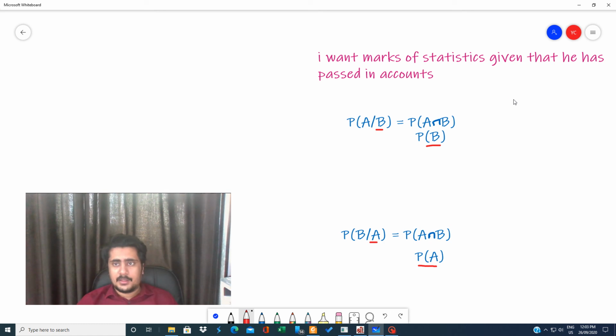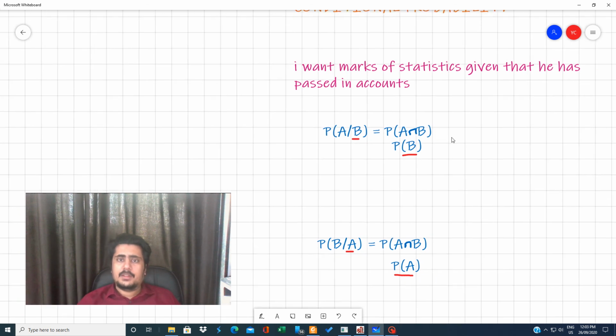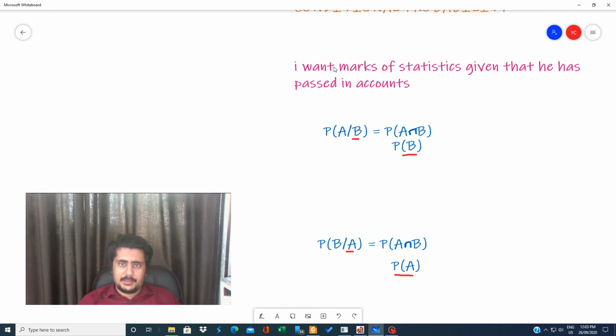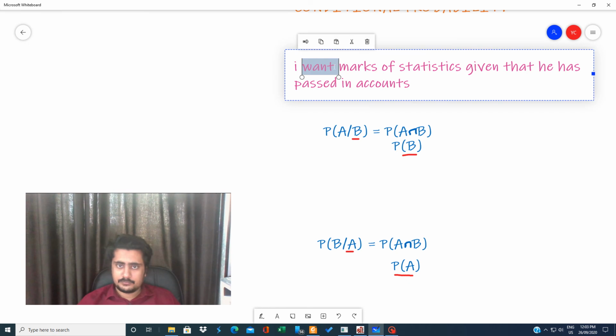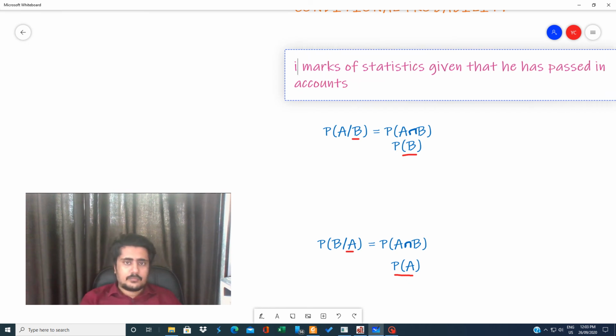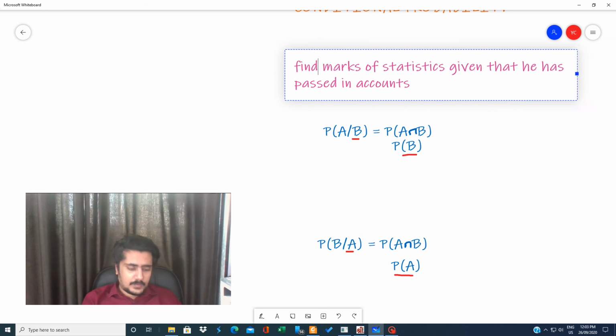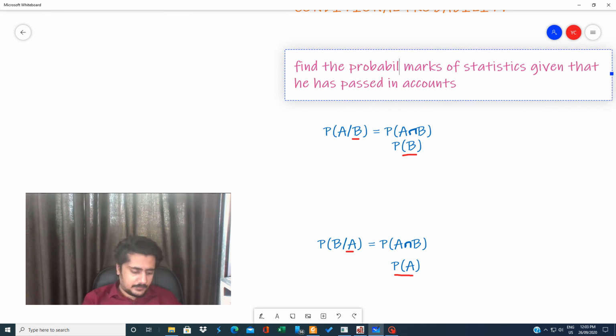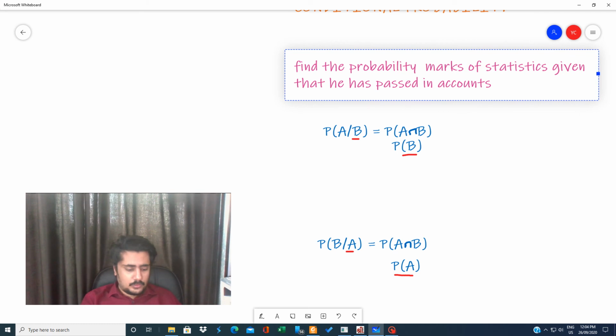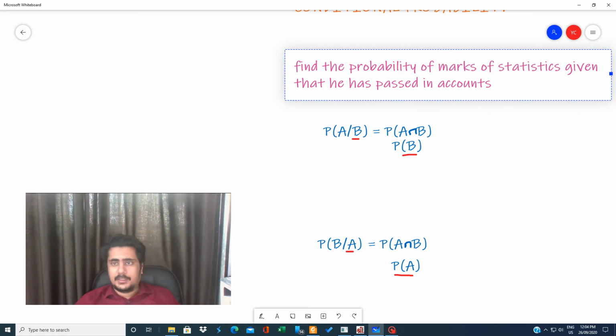So there will be a sentence like this in the question: find the probability of marks of statistics given that he has passed in accounts.